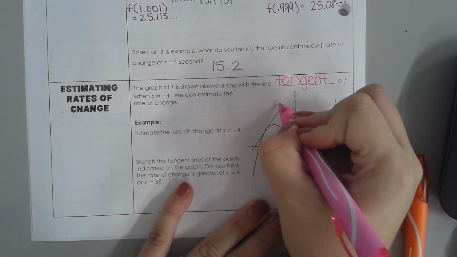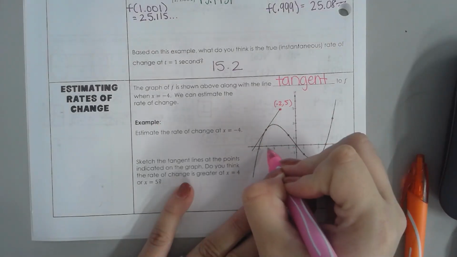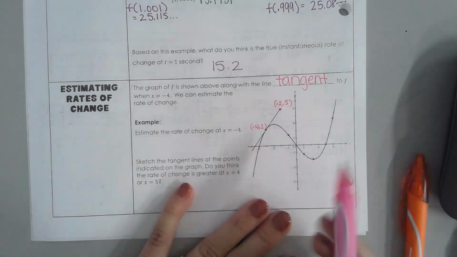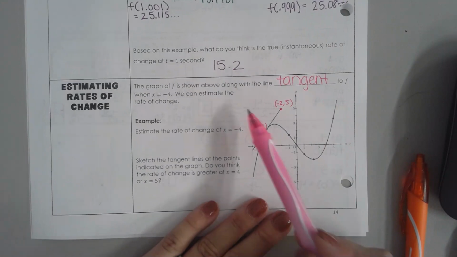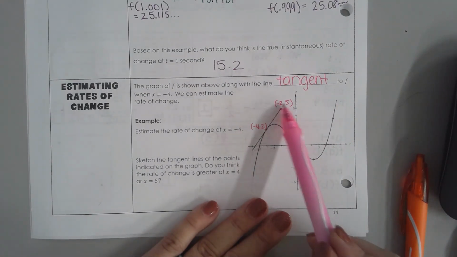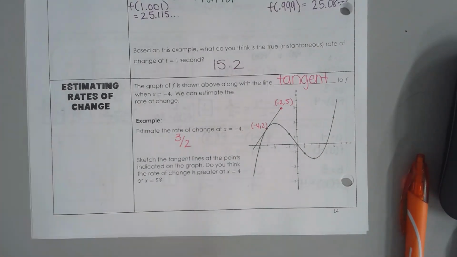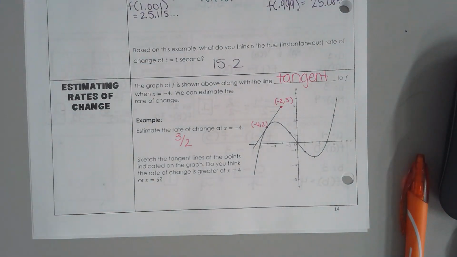This looks to be the point -2, 5. -4, 2. So this one, if you're just thinking rise over run, this one goes up 3, right 2. So we would say that the average rate of change right there is 3 over 2 because that's the slope of the tangent line. Now your tangent lines are never going to be perfect.